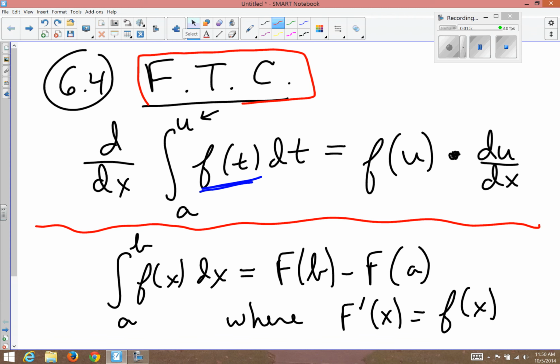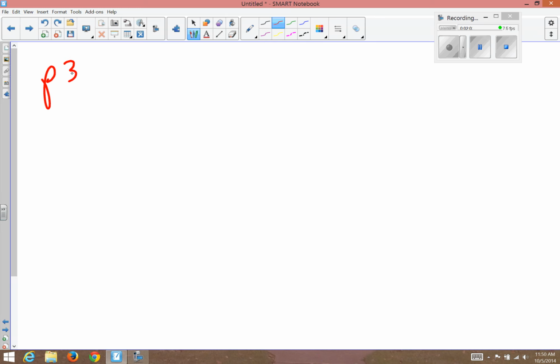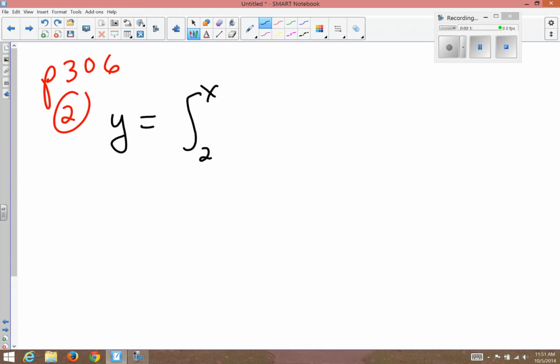Start with page 306, number 2. Y equals the integral from 2 to x of 3t plus cosine t squared dt. The only thing squared here is the t, not cosine t.